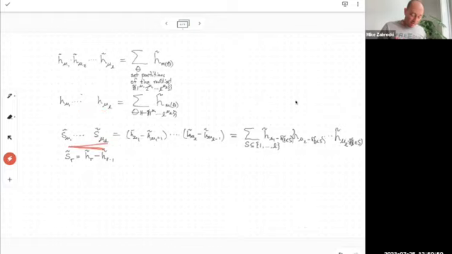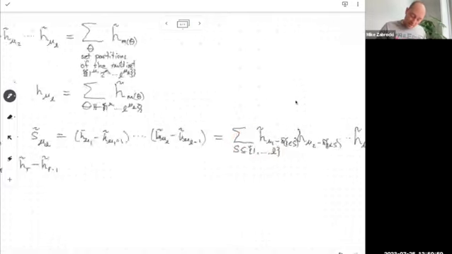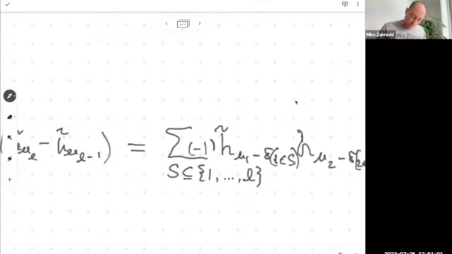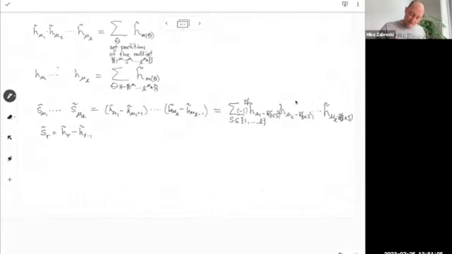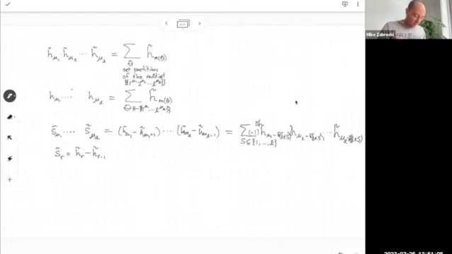And in this one, I have set partitions, but then there's an inclusion-exclusion. Oops, there should be a sign in here, minus 1 to the size of S. There's an inclusion-exclusion on the products that are going on here.